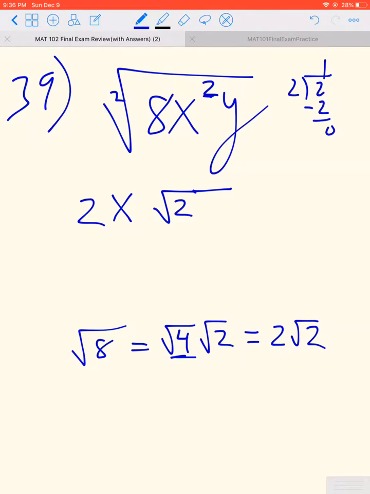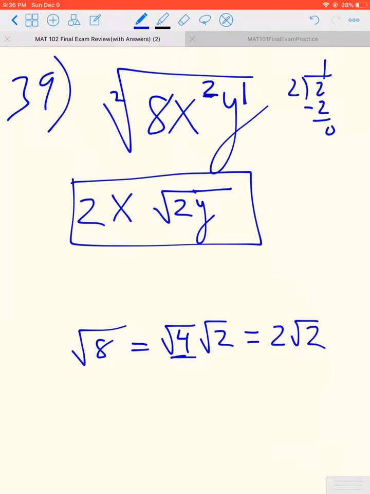For the y variable, it has an exponent of 1, which is smaller than the index, which tells us that we won't be allowed to bring any powers of y to the outside. So our final answer is 2x times the square root of 2y. And it looks like there's a little bit of an extra space there, but it should look like this. 2x times the square root of 2y.